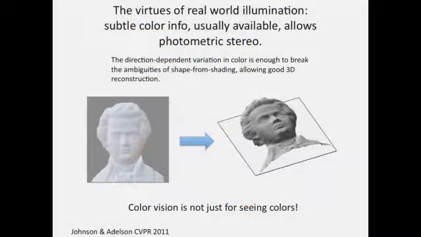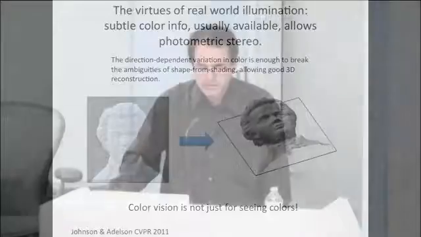The problem is normally you don't have the luxury of being able to set up 3 lights and calibrate everything and know what's going on. Recently, Chemo Johnson, working in my lab, said, well, let's just consider natural scenes. Most of the time in a natural scene, you've got different colors of light coming from different directions, but they're just different in a very subtle way.